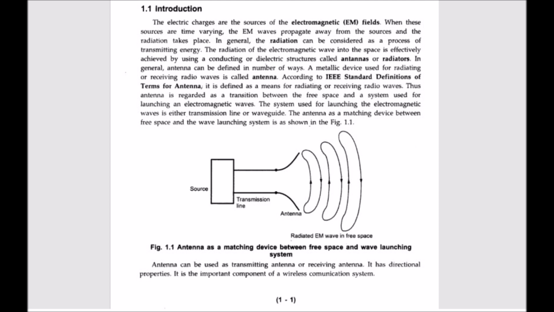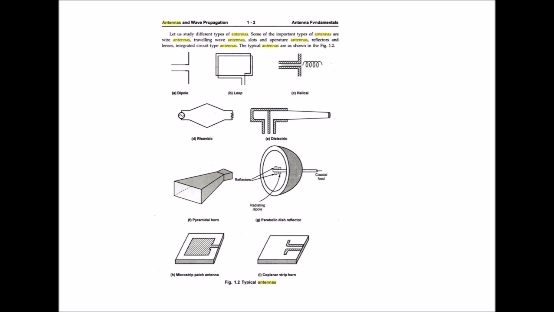Antenna can be used as transmitting antenna or receiving antenna. It has directional properties. It is the important component of a wireless communication system. Page 1-2. Let us study different types of antennas.